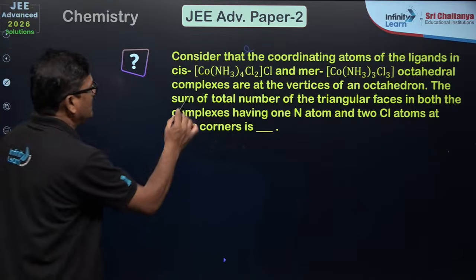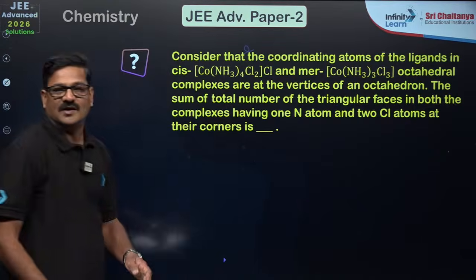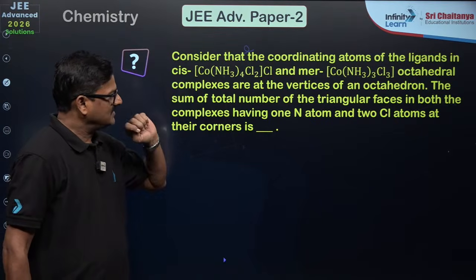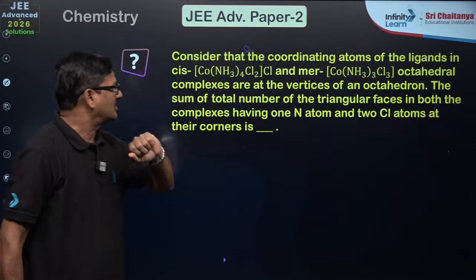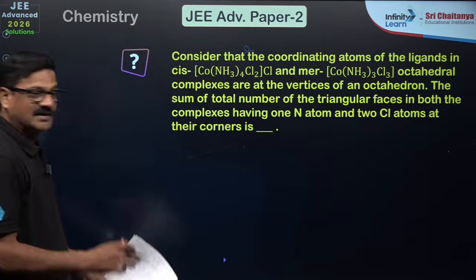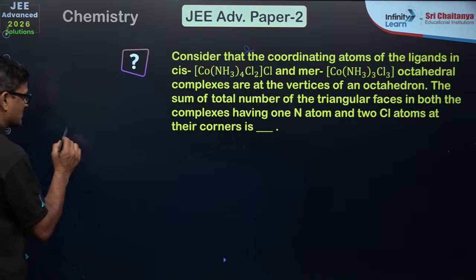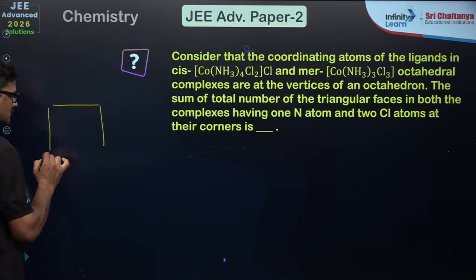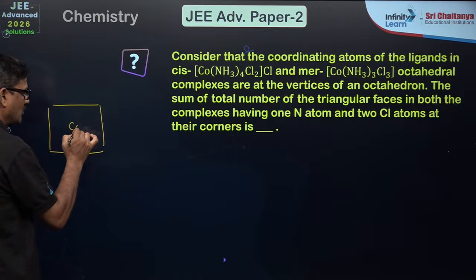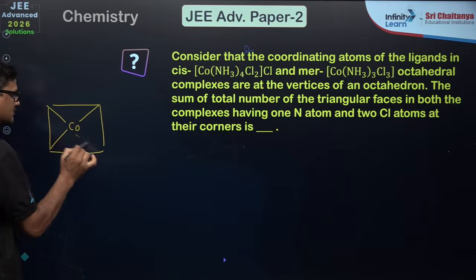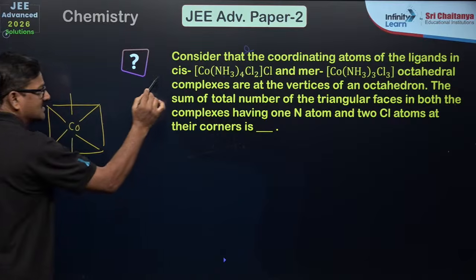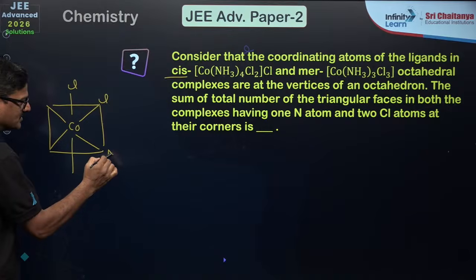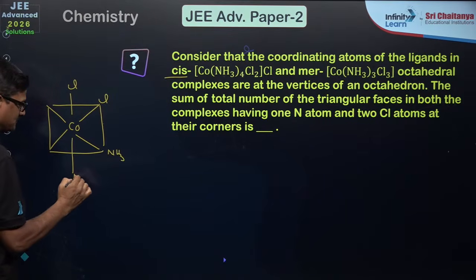Here, Co(NH3)3Cl3, the cis isomer of this and the mer isomer of this are octahedral complexes. So let us calculate for these octahedral complexes. It is said that in the cis isomer, I just want to take the chlorine over here, and the rest of the things are going to be NH3.